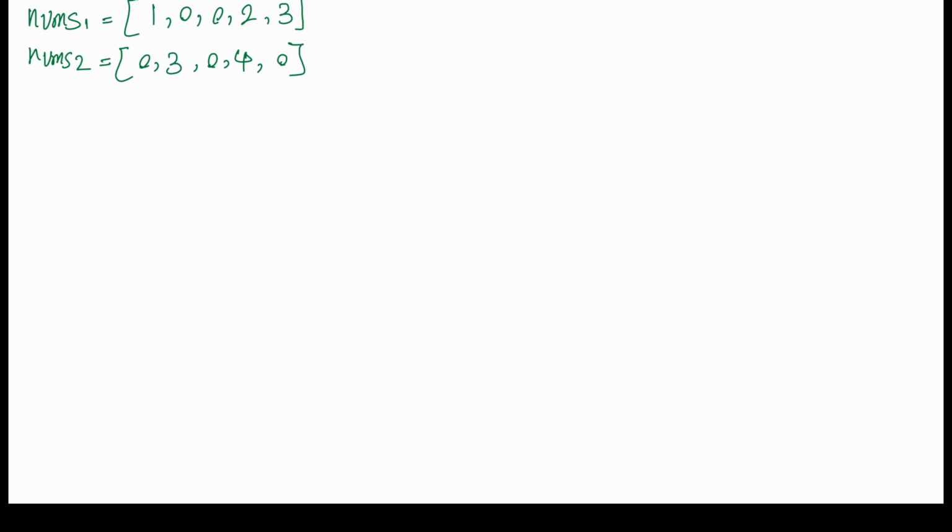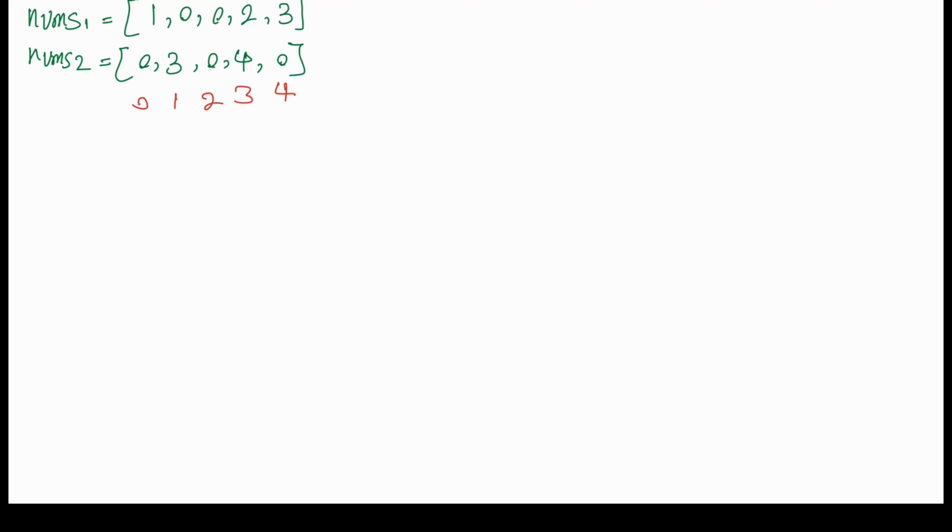Here, the brute force approach is to go through each index of nums1 and nums2 and calculate the product of their values. We have 5 elements here: index 0, index 1, index 2, index 3, and index 4.